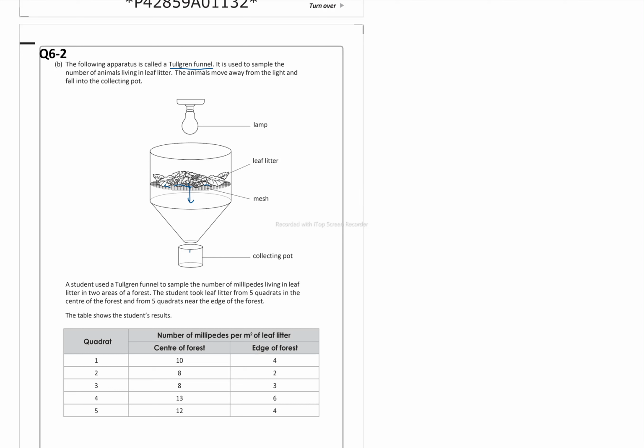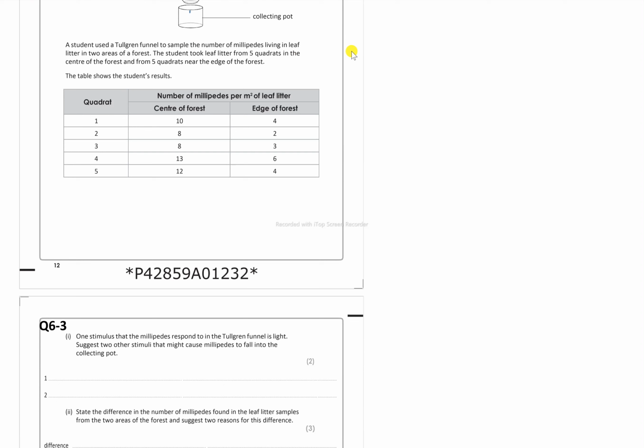And then what they do is they do an experiment. So they wanted to look at the number of millipedes. Millipedes are those with loads of little legs, and the centipedes are those with fewer.